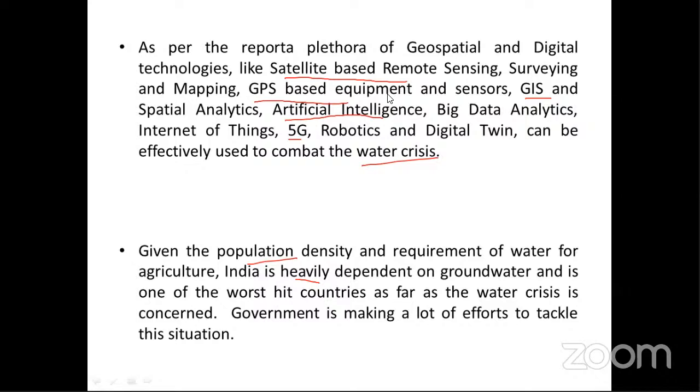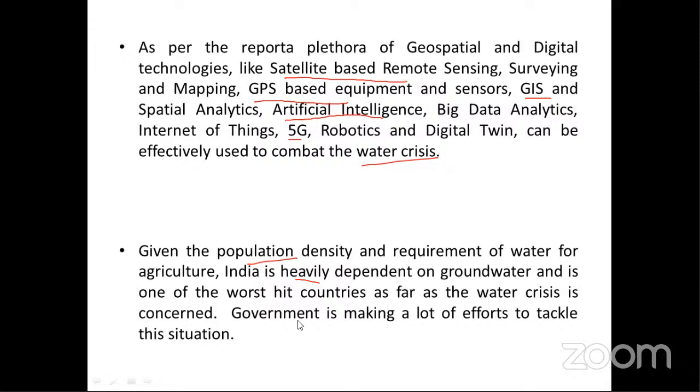So in such a case, artificial intelligence will be very helpful for the government in finding a solution and making a plan for how we can do better water management and fight against all the water crises. Okay, now India is heavily dependent on groundwater and is one of the worst hit countries as far as the water crisis is concerned. The government is making a lot of efforts to tackle this situation.